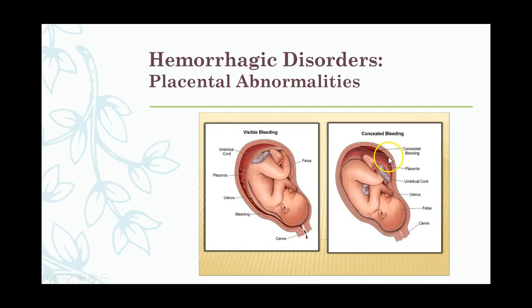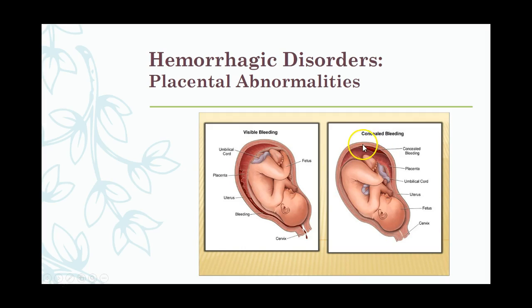All right, now if you look at the picture on the right hand side, you can see the placenta here, and you can see that it has detached from the uterine wall here in the middle of the placenta. So this is concealed bleeding.